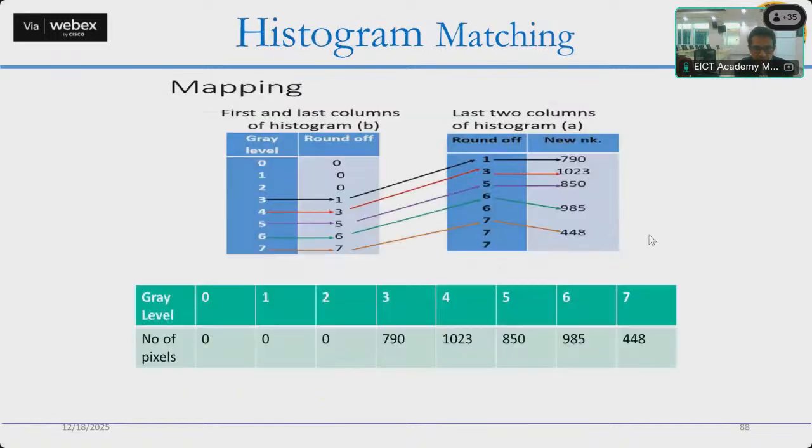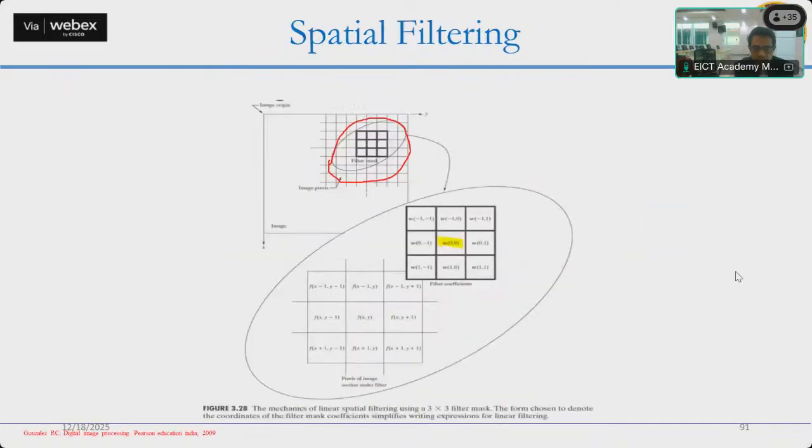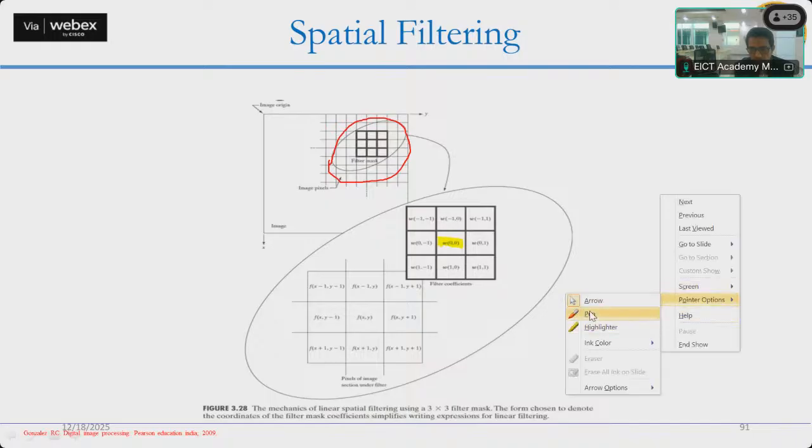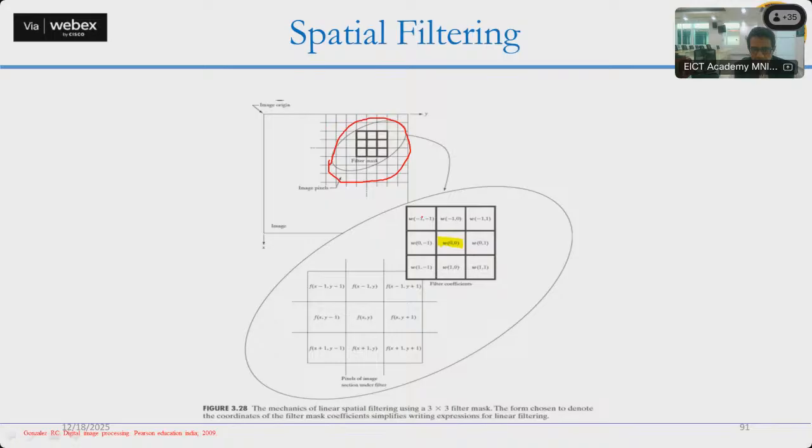Can we see any image? See this one. For example, this is the spatial location. This is 1, this is 2, this is 3, this is 4, this is 5, this is 6, this is 7, this is 8, this is 9.